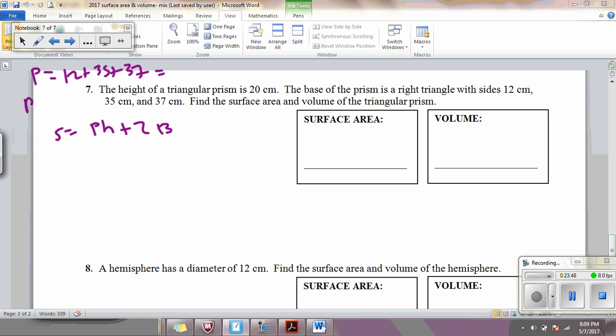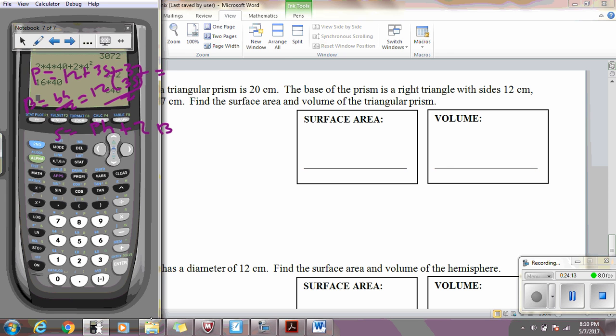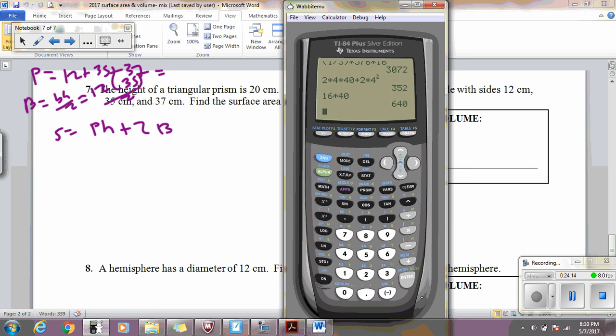To find the base area, since it is a triangle, it's BH over 2. And if it's a right triangle, the longest side is the hypotenuse. So that's the side we're not going to use. So that means we're only going to use 12 and 35 to find my area. So now let's calculate those 2 values.